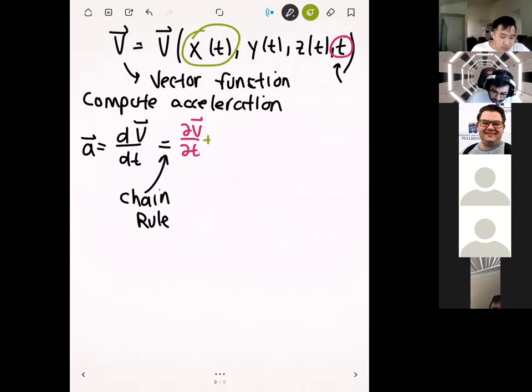Next, due to the chain rule, we have this term right here, and so we're going to have the derivative of the velocity with respect to x, because the velocity depends on x. But then because of the chain rule, we have to take the derivative of x with respect to time.